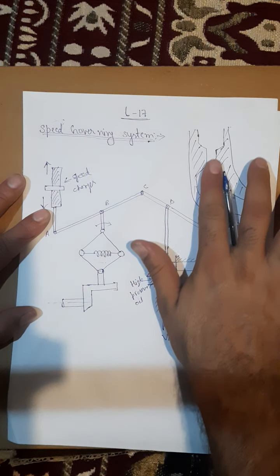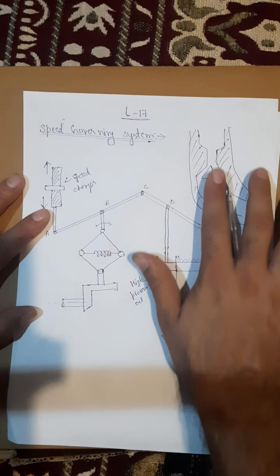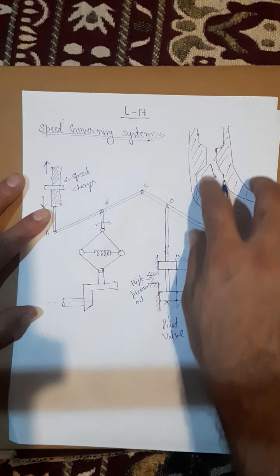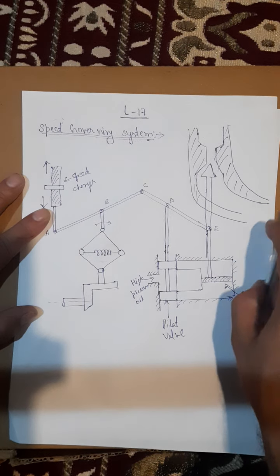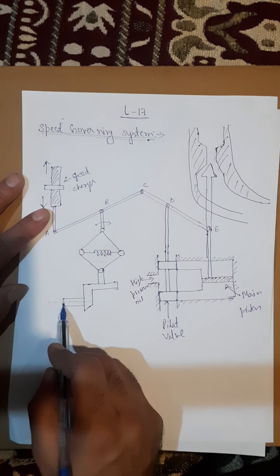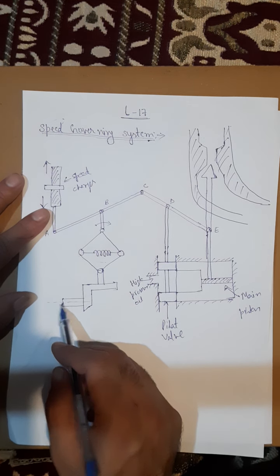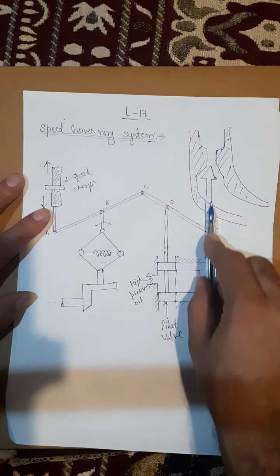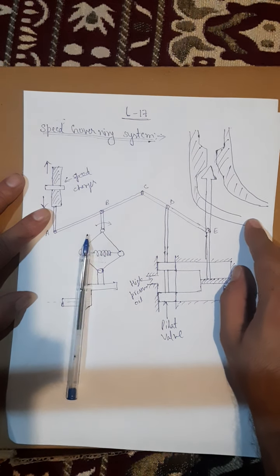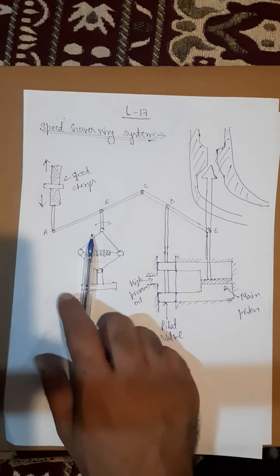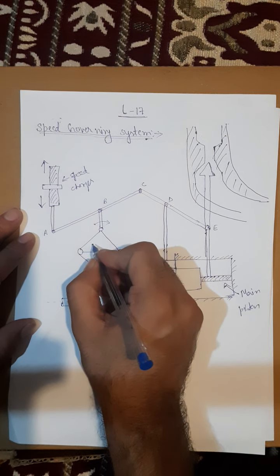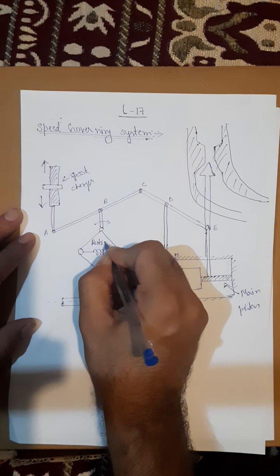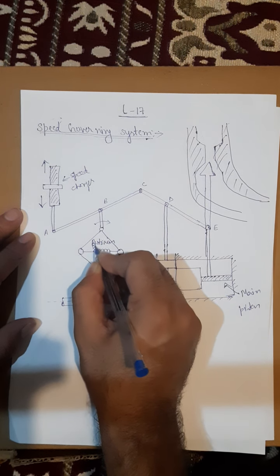If this arrow moves upwards, what will happen to this gate? It will get closed, so less steam will enter the turbine, and the shaft of the turbine is connected with the shaft of this fly ball. If this arrow is moved downwards, more steam can enter the turbine, and the speed will thus increase. These springs are called restraining springs.